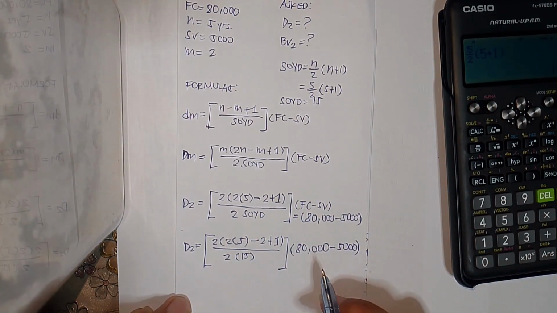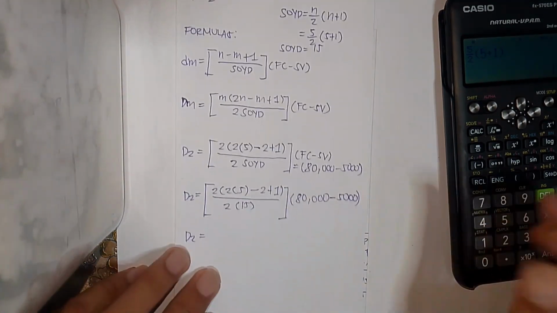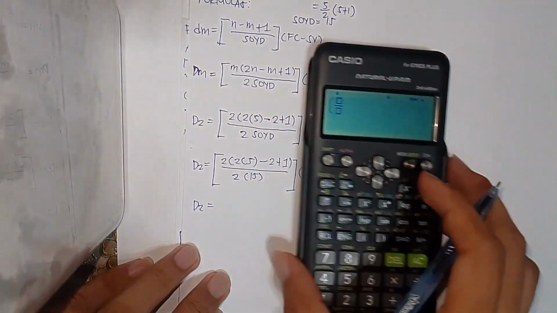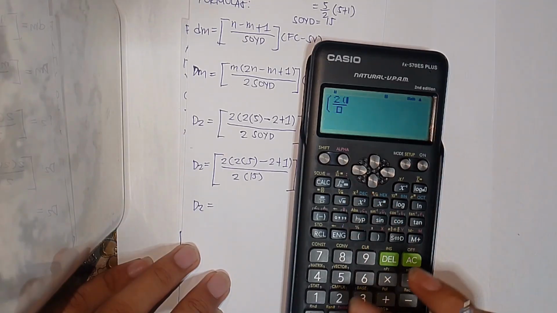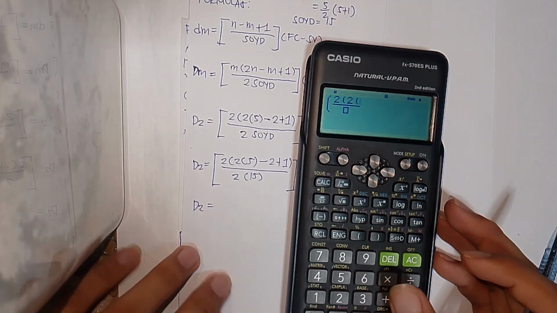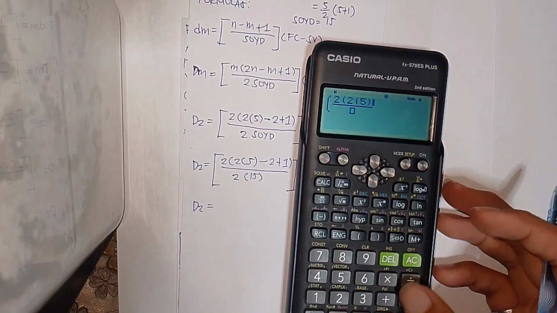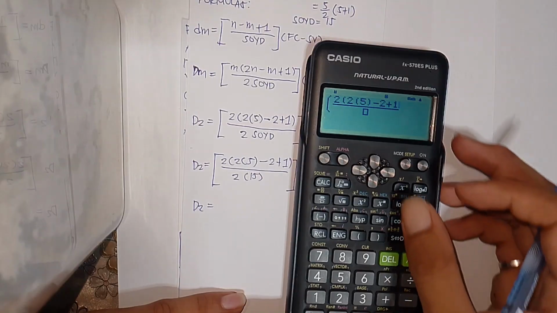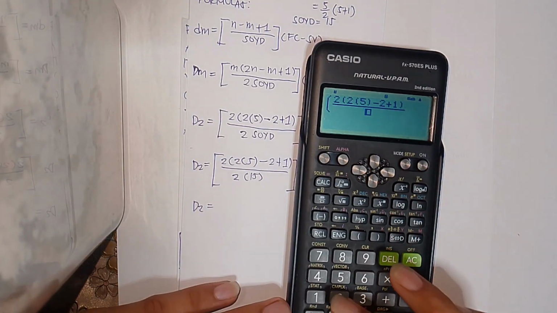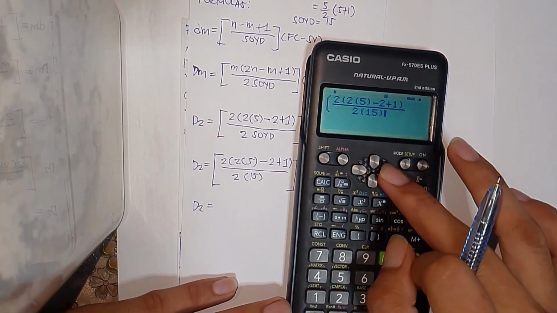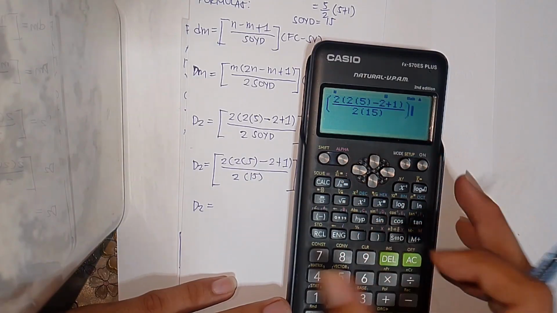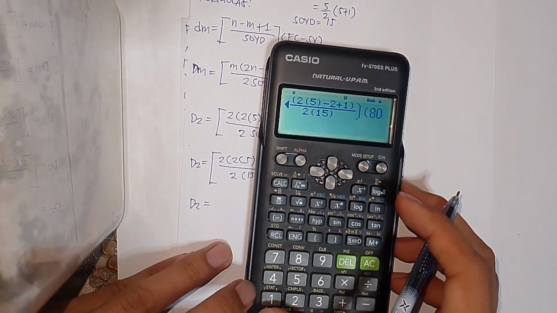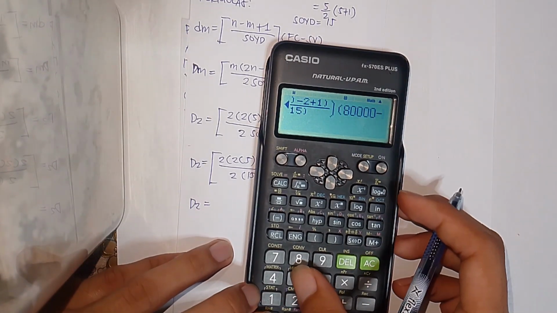D2 is equal to 2 times (5 minus 2 plus 1) over 2 times 15 times 80,000 minus 5,000.